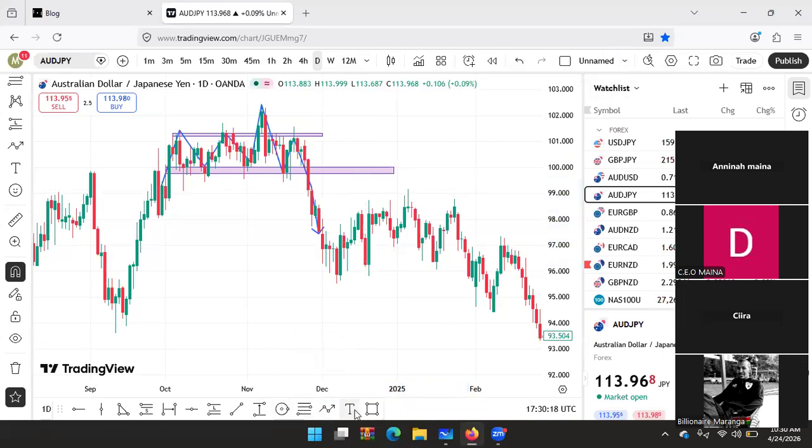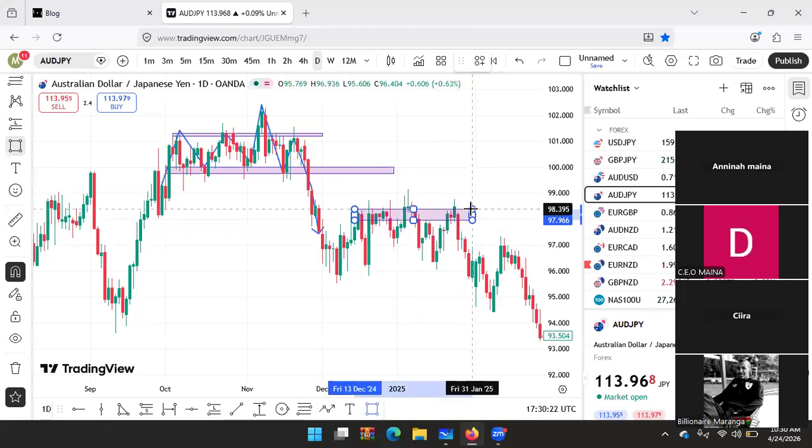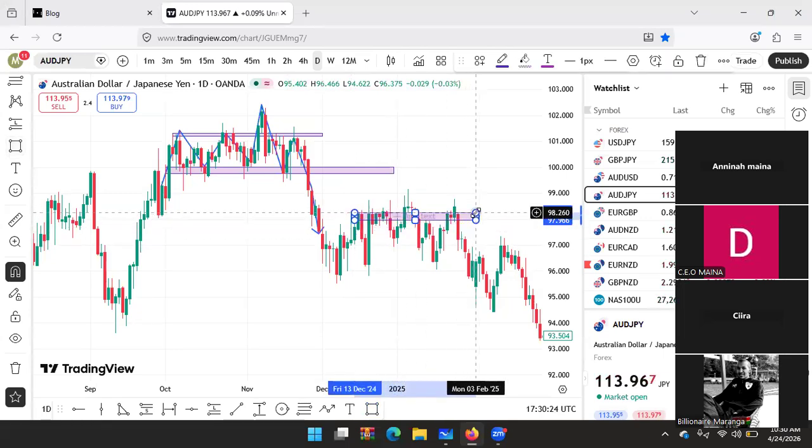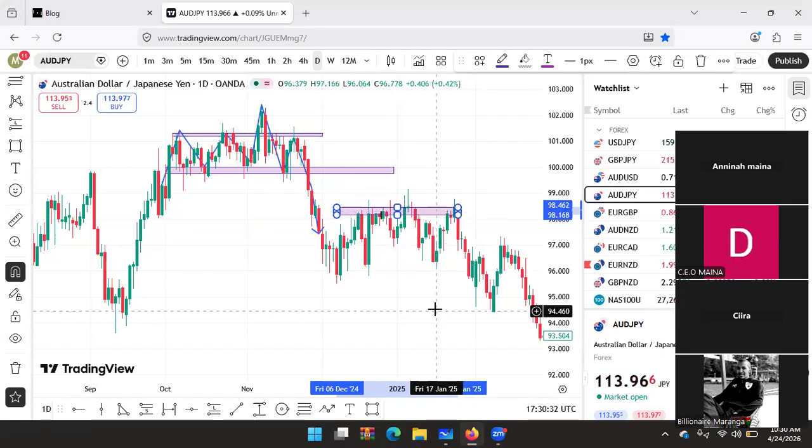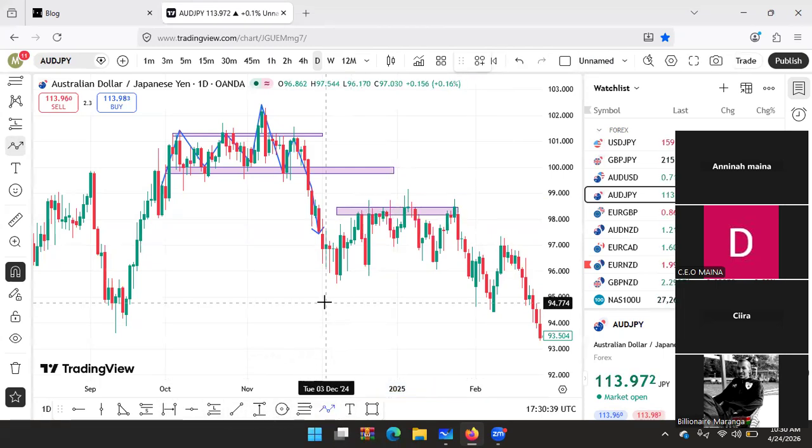You can see here, what is this? There is a confirmation here. Which reversal pattern is this? Is this even a reversal? No, this is a consolidating market. Why?